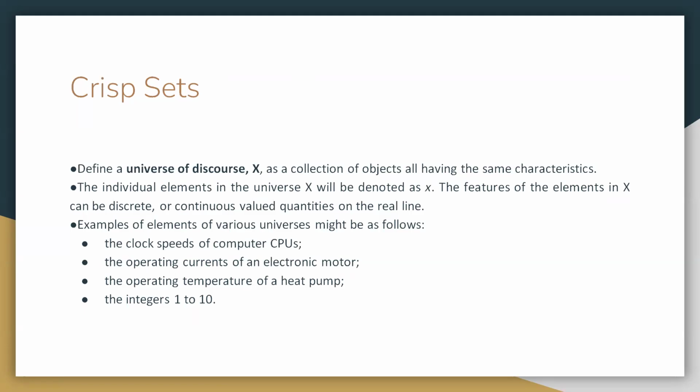The usual letter followed for universe of discourse is capital X, or in some textbooks you can find capital U also. Some examples of universes are all the real numbers, all the integers, clock speeds of computer CPUs. It can have different values, but of the same type.